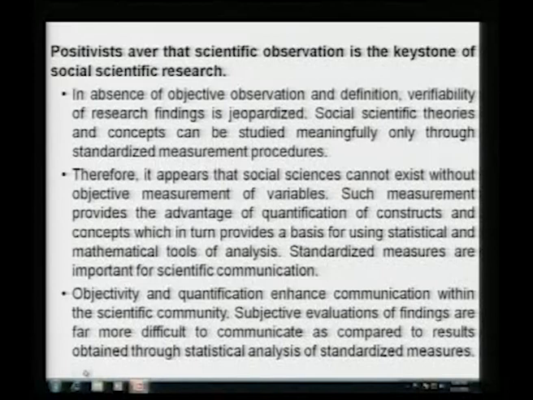Imagine if in physics things like time, mass, velocity and distance were not measured so objectively and precisely, what would be the stage of development of physics? Physics cannot develop, science cannot develop unless you have scientific measures, objective, value neutral, universal, precise measurements of time, velocity, mass. The same thing can be said about society.